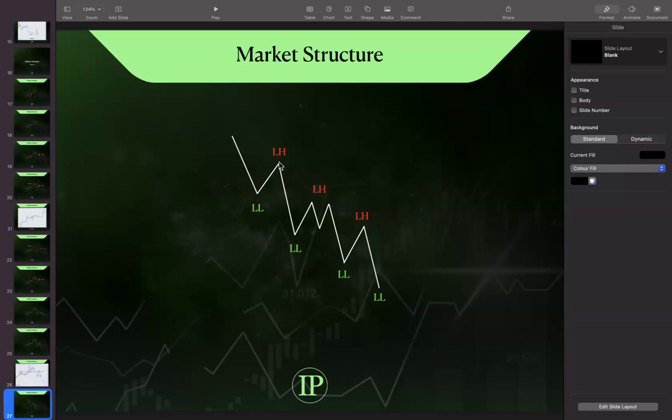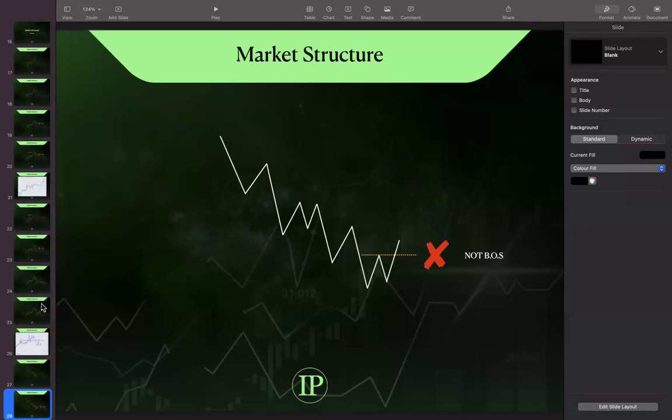So an impulse only occurs, I hope you're writing this down, once price creates a new low, okay? Breaking past a previous low creates a new low. We look at the high of that impulse leg and the low of that impulse leg. And anything that happens in between the high and the low, that is considered a pullback or a retracement, okay?